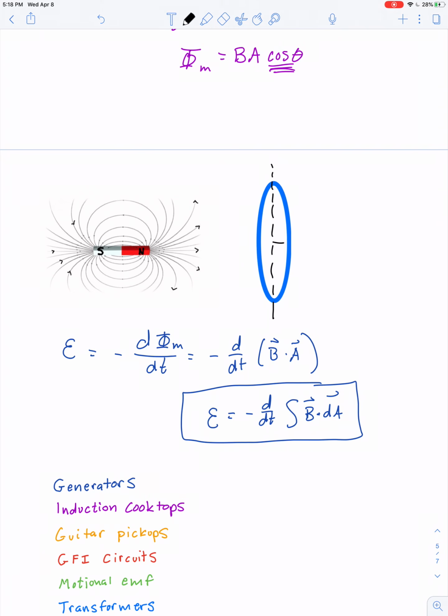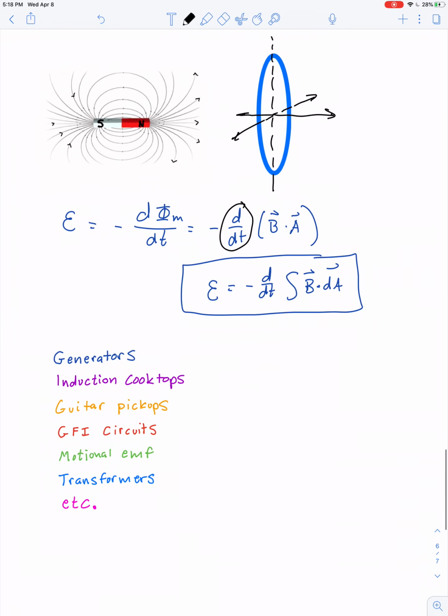Then the area vector would point to the right, and then a moment later point into the plane of the page, and then it would point back to the left, and then out of the plane of the page. And in doing so, we would change from having flux to no flux, back to flux and no flux, and there'd be a rate of change of the flux in that case, which is basically a description of how a generator works.